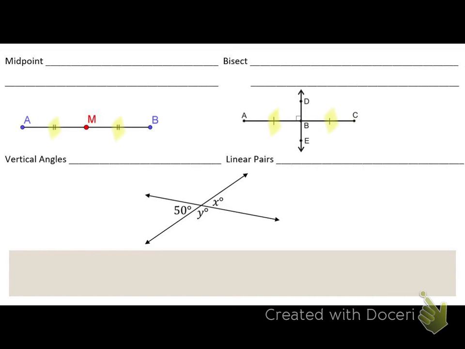Vertical angles are blank. Congruent. They are congruent. What's vertical with 50? X. So that means x equals 50. Whereas linear pairs, they're not congruent, they are supplementary.